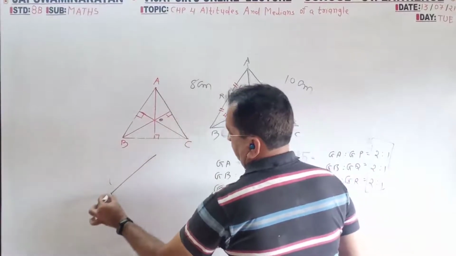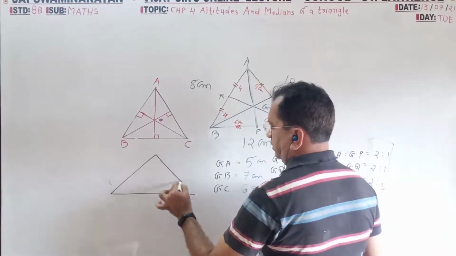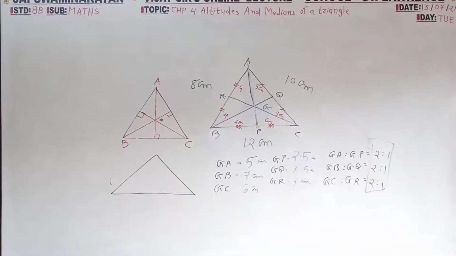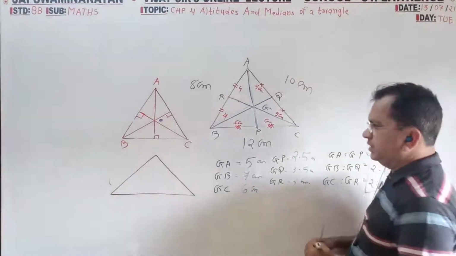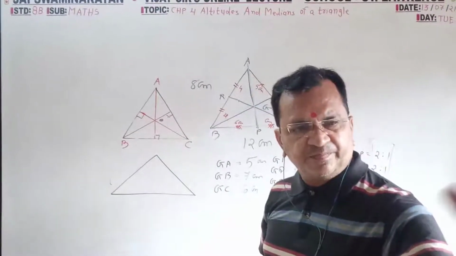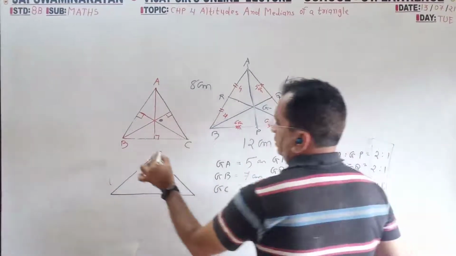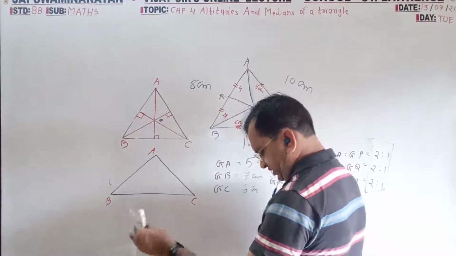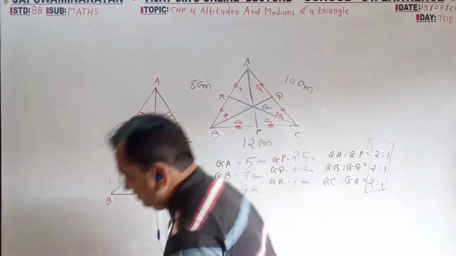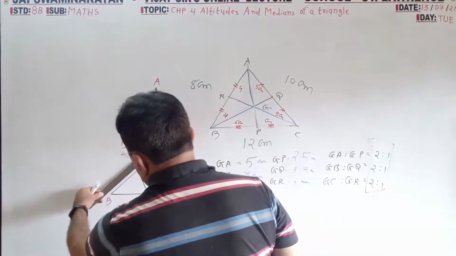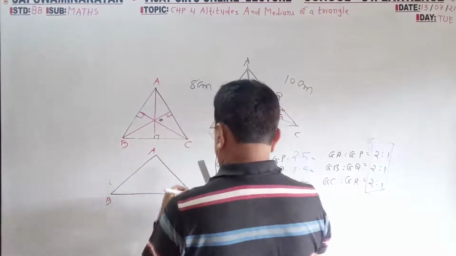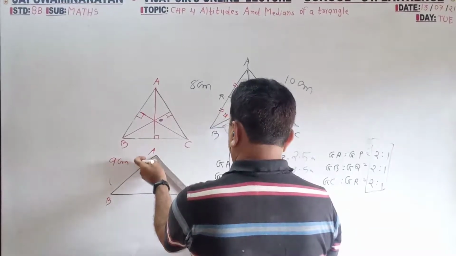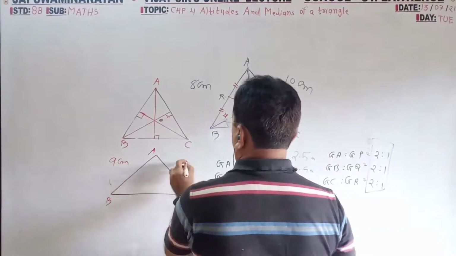So take any triangle. Now this is A, this is B, this is C. Now measure this. I will measure that in inches. It is 9, for example, 8.5.